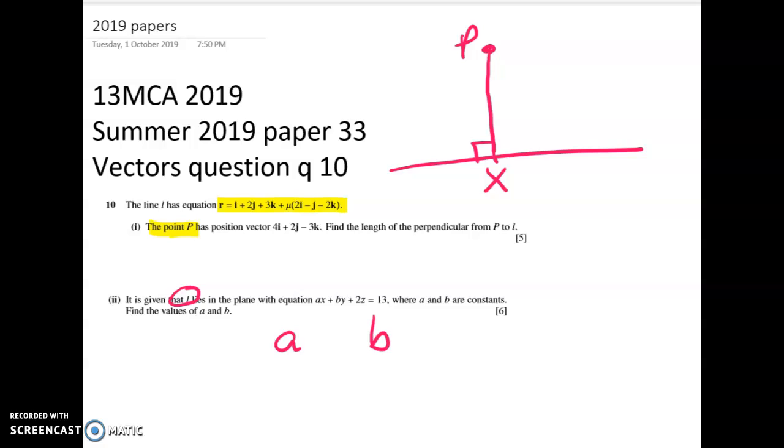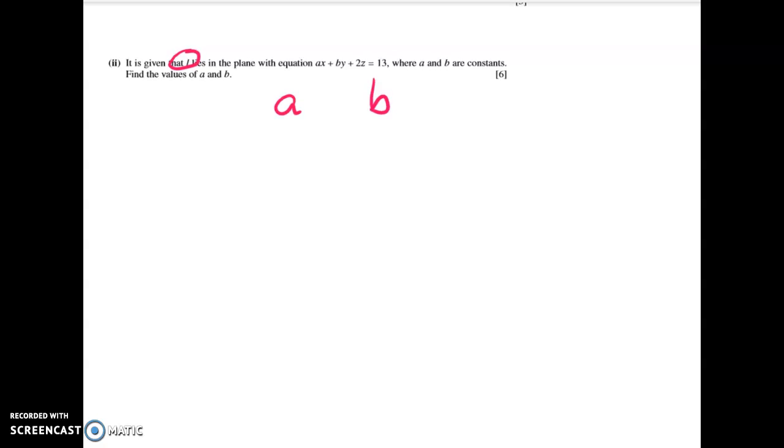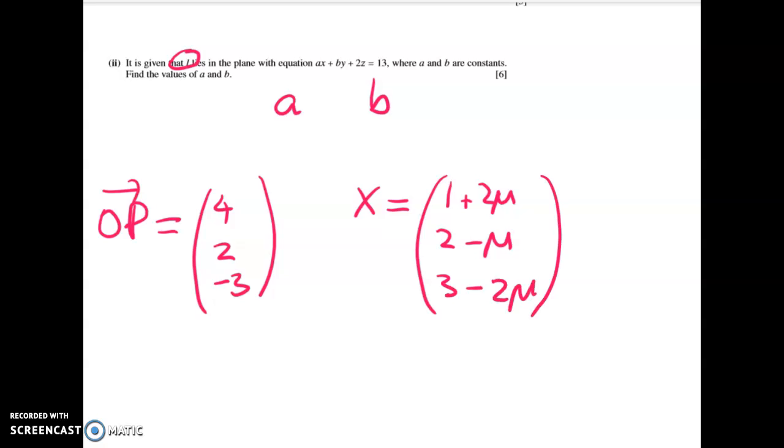So the first question is one where we need to just set up the vector PX, and then find its length. The position vector OP is (4, 2, -3), and the position vector of X is (1 + 2μ, 2 - μ, 3 - 2μ).